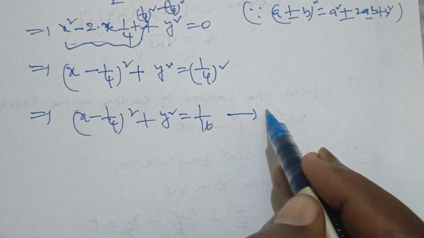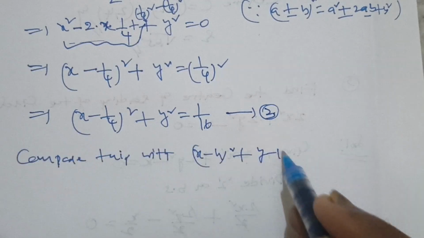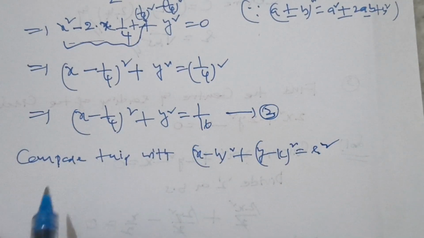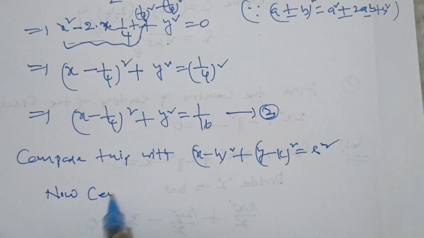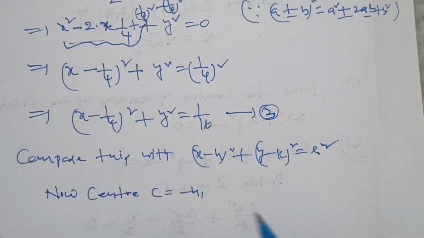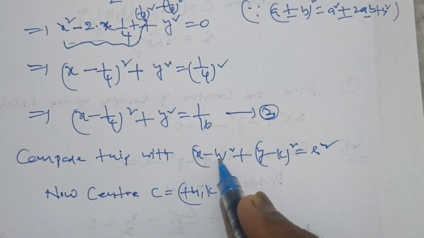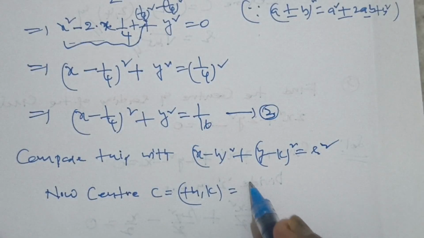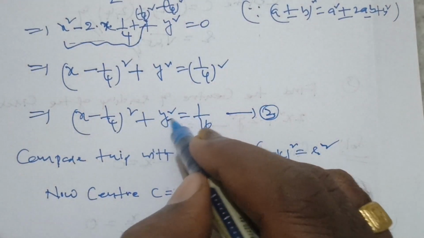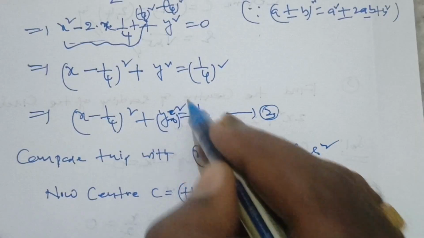Now clearly this equation number 3 is of the form x minus h whole square plus y minus k whole square is equal to r square form. So comparing equation number 3 with the general form x minus h whole square plus y minus k whole square is equal to r square, then we have the center c equals to h comma k.